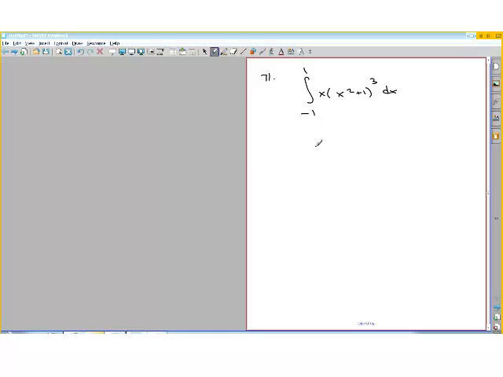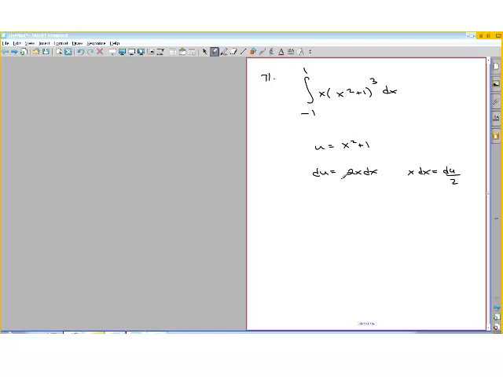So we let u equal the term in the parentheses, x squared plus 1. So we take the derivative, and we get 2x from here, nothing from there, and we multiply it by dx. So let's solve for x dx. All you have to do is divide both sides by 2, so we get x dx is equal to du over 2.